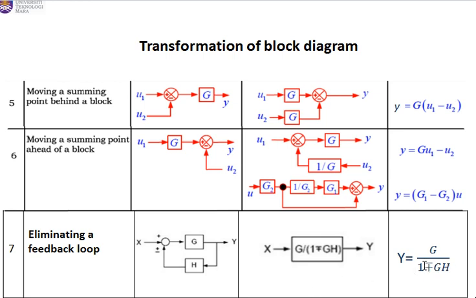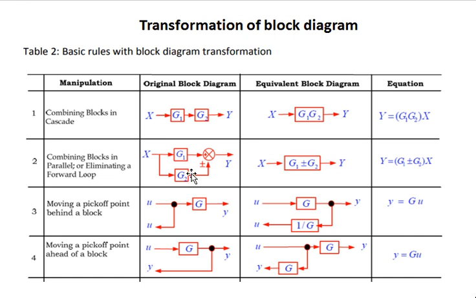This sign depends on this sign. When your sign is plus, you need to change to minus, and when the sign is minus, you need to change the sign to plus, vice versa. Don't confuse it with rule number 2.